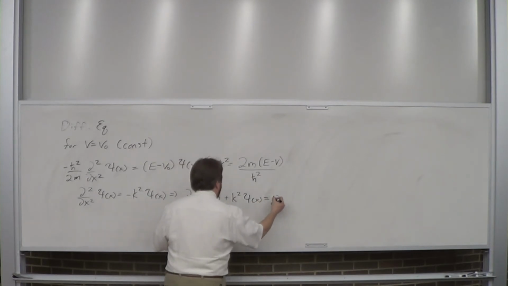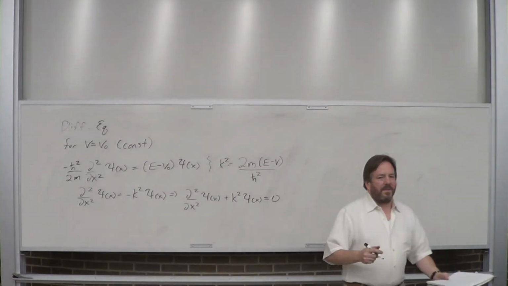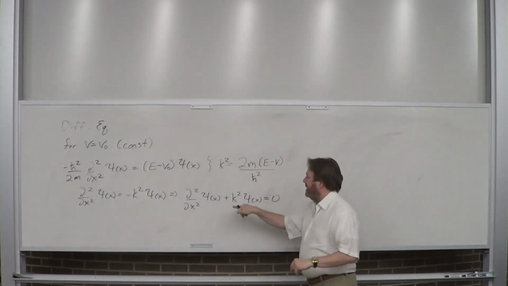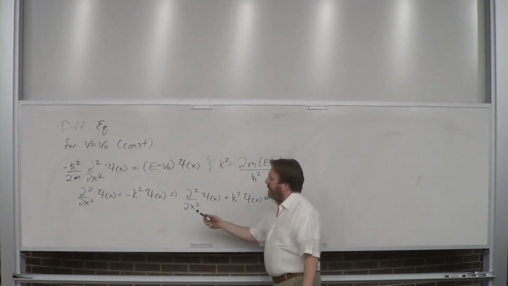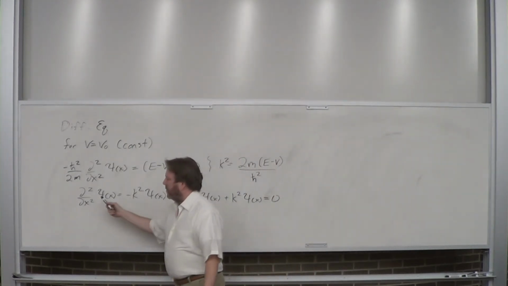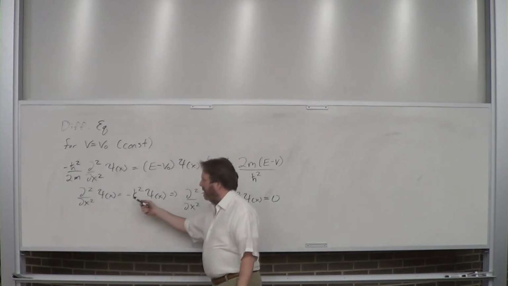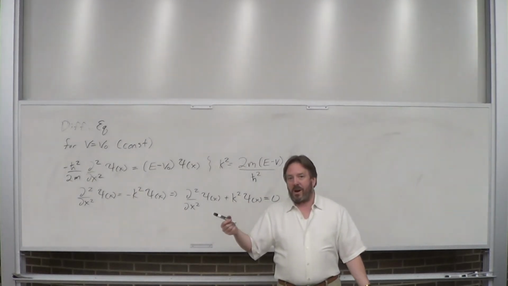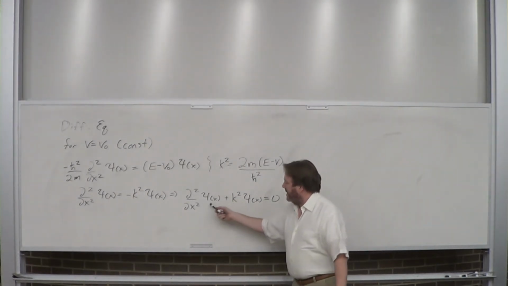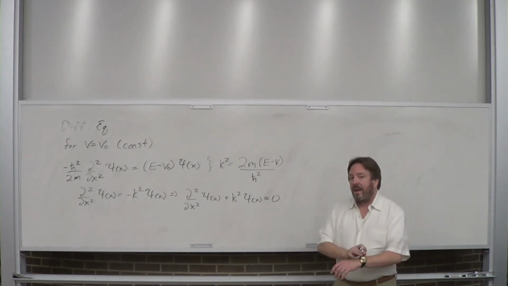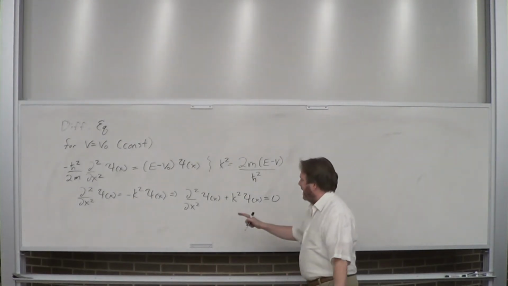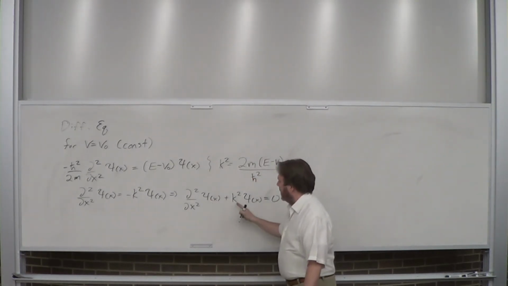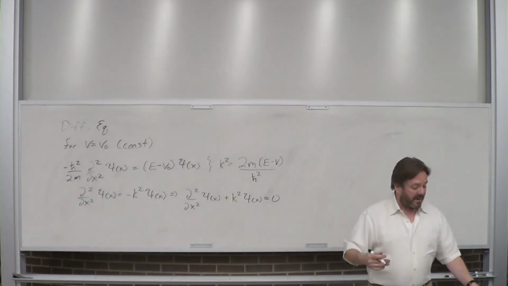I have to admit, I like this a little bit better, because I see that these cancel each other to equal 0. Here, I see something that's really confusing. The double derivative is equal to something times the thing again. But when I see this, I see this is going to wipe that out, and that's a lot easier. And I can see e to the ikx, right? A double derivative is going to bring down a k squared. So I'm already kind of able to figure out what the answer is.